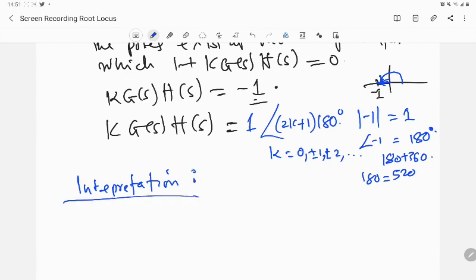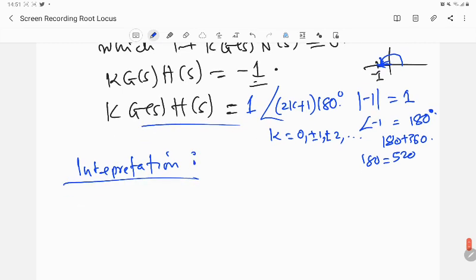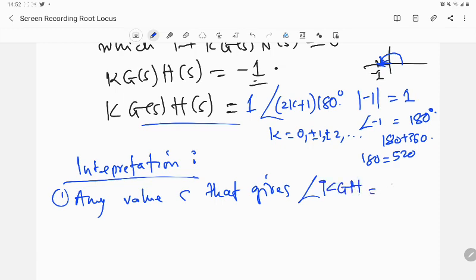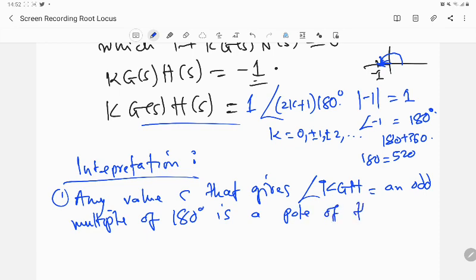So the interpretation of what we have just shown from the characteristic equation is that any value s that gives the angle of KGH equal to an odd multiple of 180 degrees is a pole of the T of S for a given value of K, the gain.